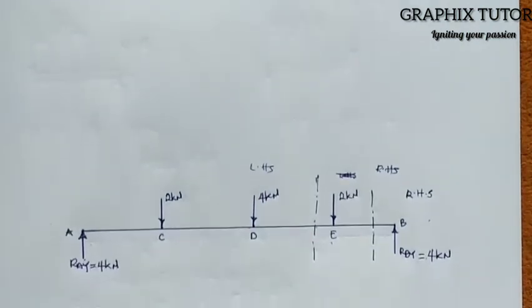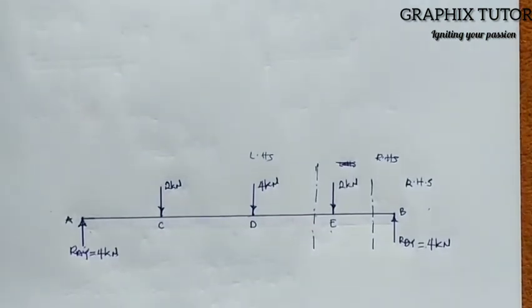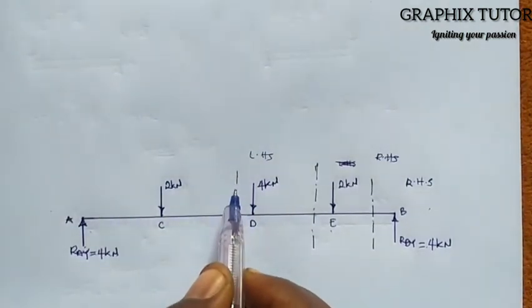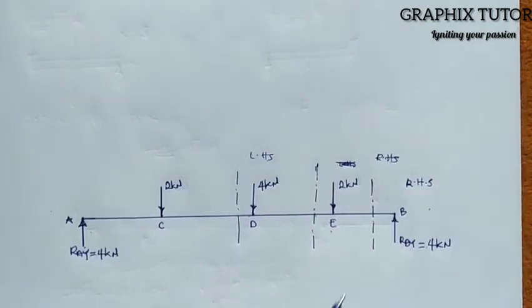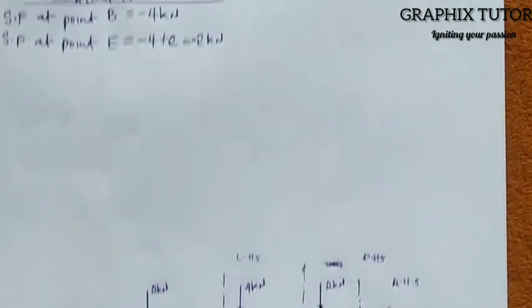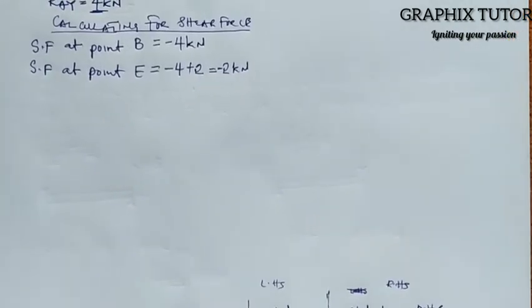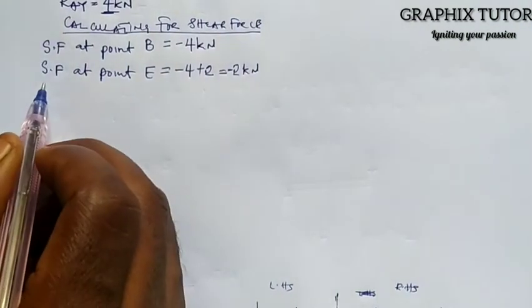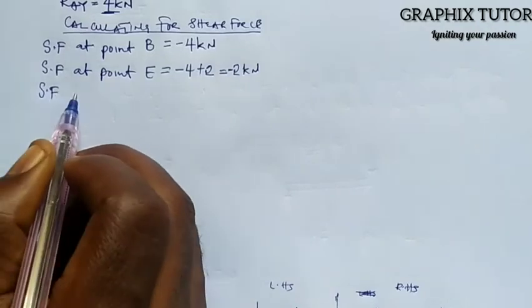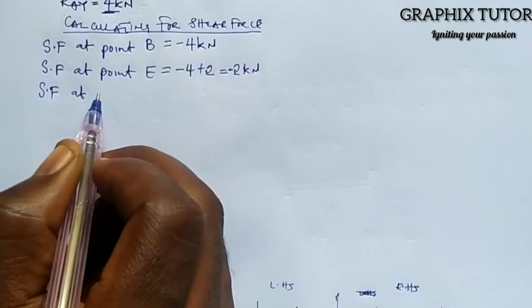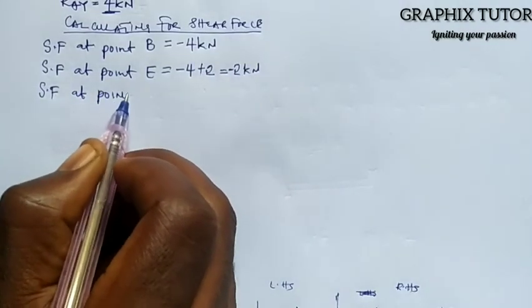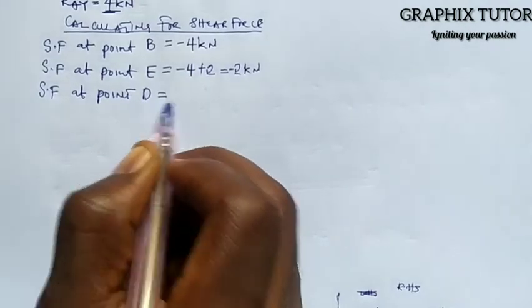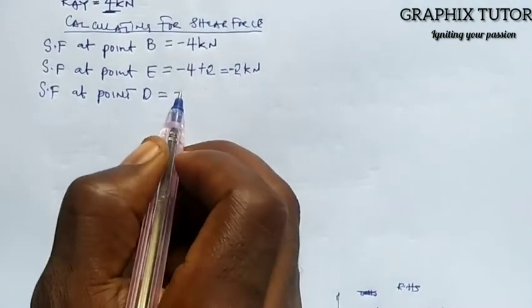Now the next one is we are going to section at D also, right? The new introduced force is 4 at B. So since I've sectioned close to D, we're looking for shear force at point D. It is equal to, what's our last force that we have as our answer? -2.